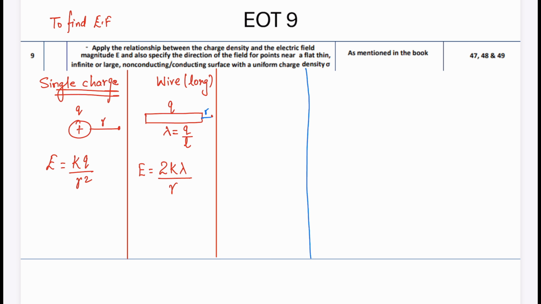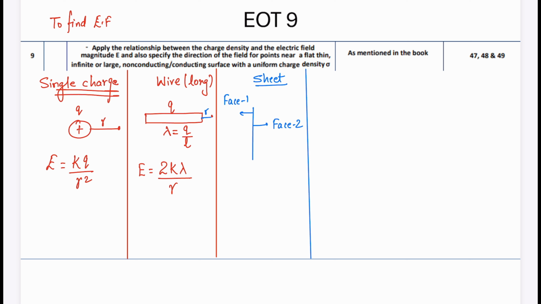Case number 3. This is very interesting, and this will help you to solve questions in capacitors also. It is the case of sheets. Let's say this is the sheet. This is called face 1 and this is called face 2.